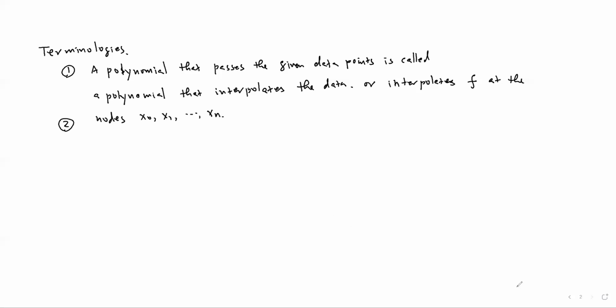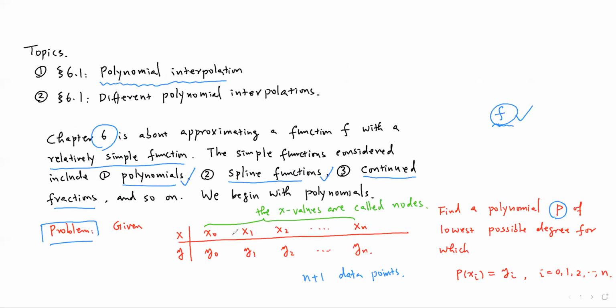Yeah, the x values in the table are called nodes. Usually, these points are distinct from each other.